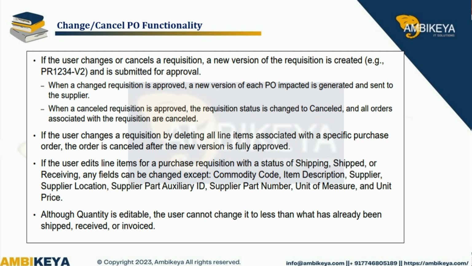And similarly, like in SAP MM, if it is already received for some partial quantity, then you would not be able to change the PO quantity to less than the received quantity. This is a standard functionality, right? In SAP MM also, you have a purchase order for 10 quantity and you already have a receipt in place for 2 quantity.